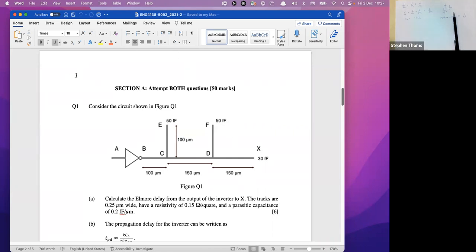Right, so if you remember with Elmore delay, what we need to do is, first of all, calculate all the intermediate resistances and capacitances.